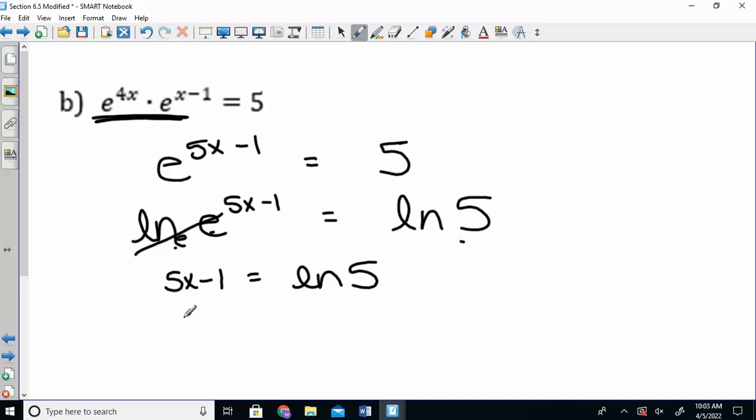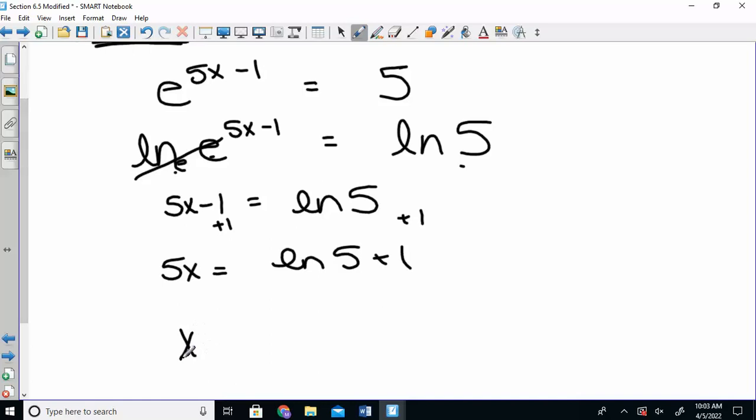So then, oh wait. Add the 1, and then divide by 5. So we have natural log of 5 plus 1, and then we divide. So this would be our exact answer. If I asked for the decimal, remember you want to put parentheses around the entire numerator. And every time you push the log button, it opens parentheses, so you have to close that one.